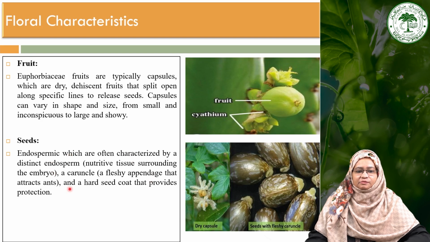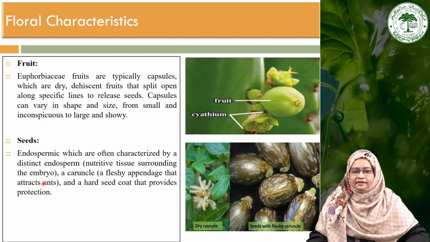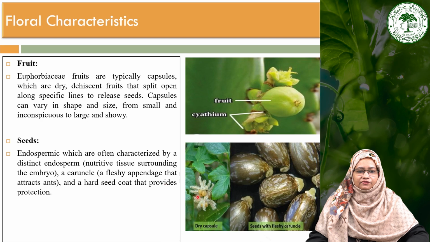Then the seeds of this particular family are endospermic, often characterized by a distinct endosperm, which is nutritive tissue surrounding the embryo, and there is a caruncle. As we can see in this particular image, seeds with a fleshy caruncle, and this is a dry capsule fruit. This is the fleshy young fruit, and this one is the dry capsule fruit.